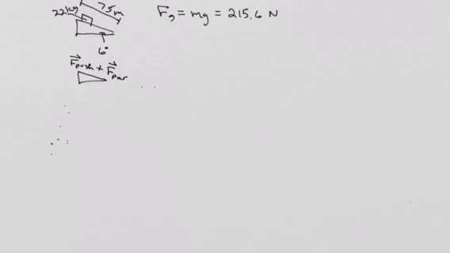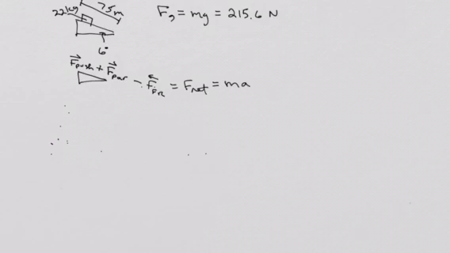Going against that is the force of friction. And what else do we know? All those three things combined, that's the net force, and we're going to use that to find the acceleration.